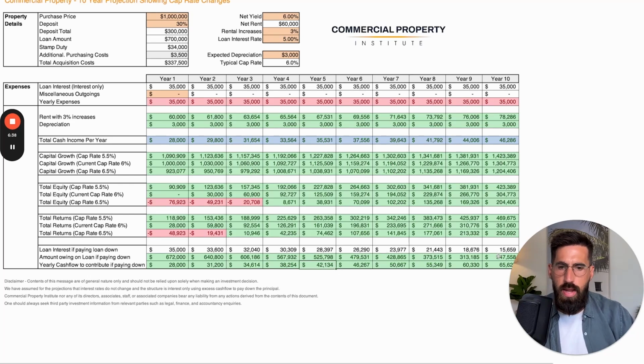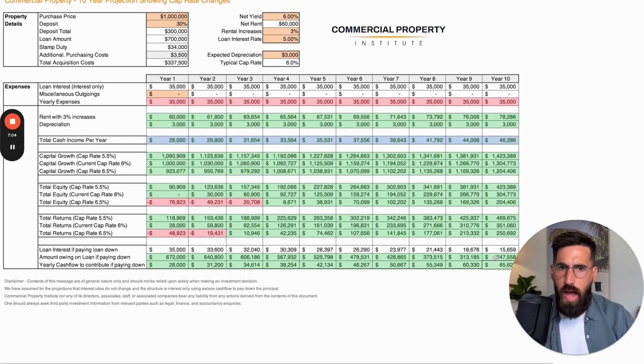And within 10 years, that $700,000 debt, even with these assumptions that are very conservative, is $247,000. And we're then left with a $65,000 passive income. So that's very powerful considering we're just buying a 6% net yield with 3% rental increases and a 5% interest rate, that we can have a $65,000 passive income with $250,000 debt on the property.